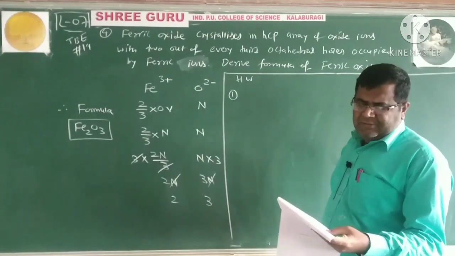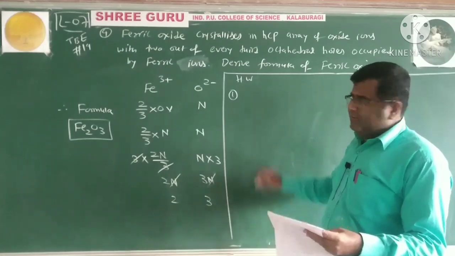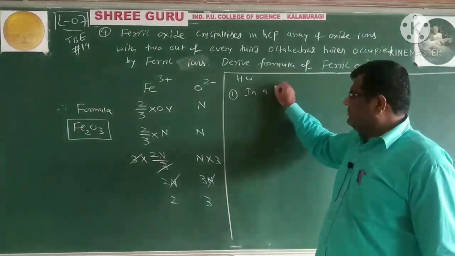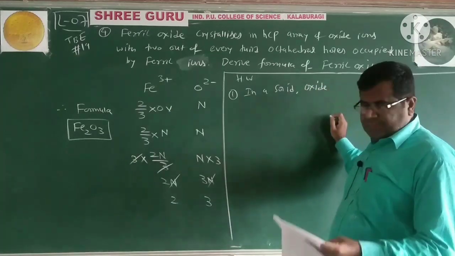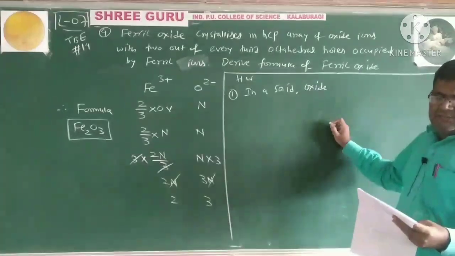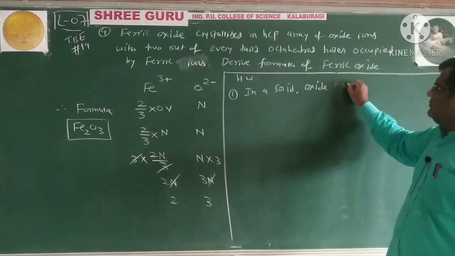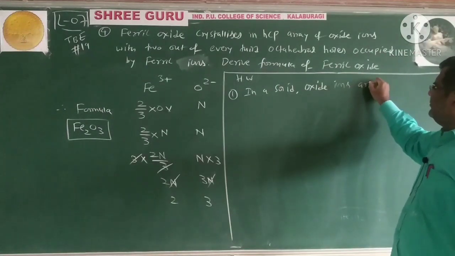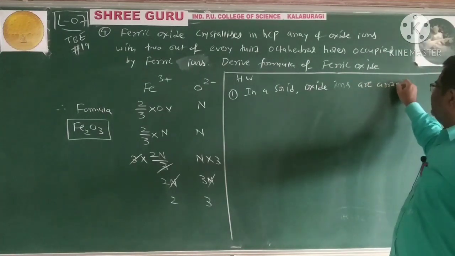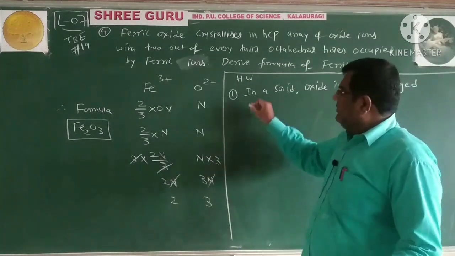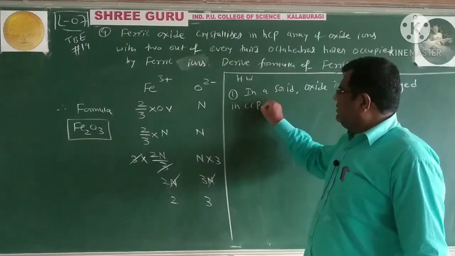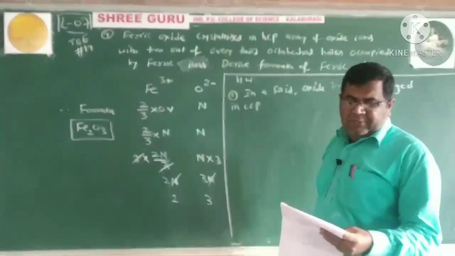In a solid, oxide ions are arranged in CCP, cubic close packing.